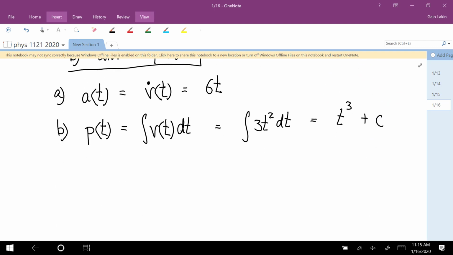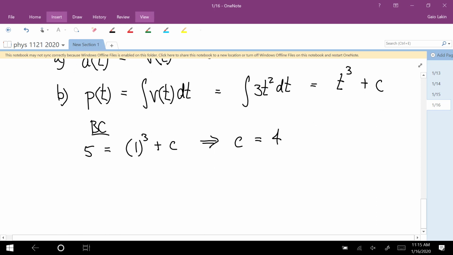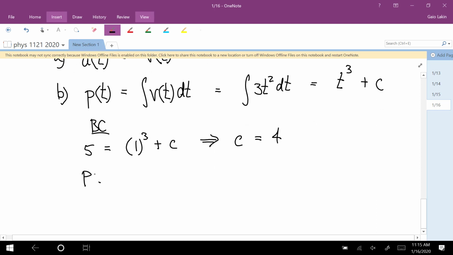So the boundary condition says 5 is equal to 1 cubed plus c. So c is equal to 4. And so then the position as a function of time is equal to t cubed plus 4.